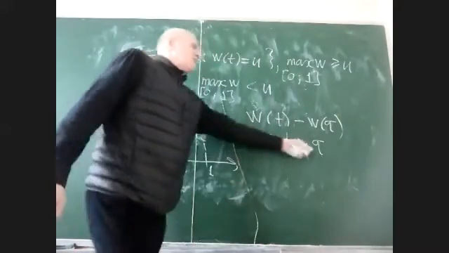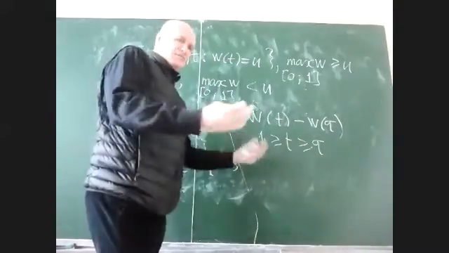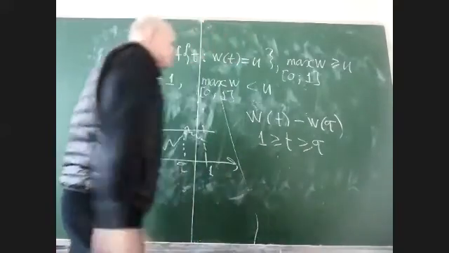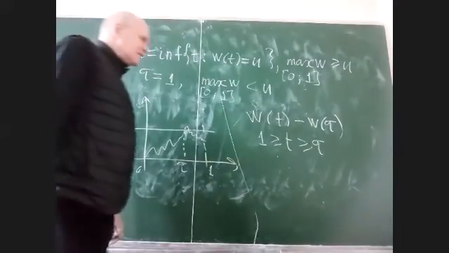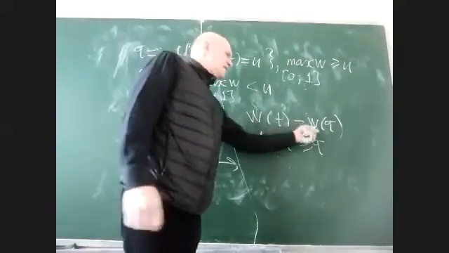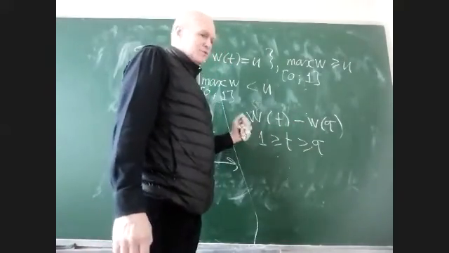So if tau equals 1, we do not move things. Then here we have also a Brownian motion.